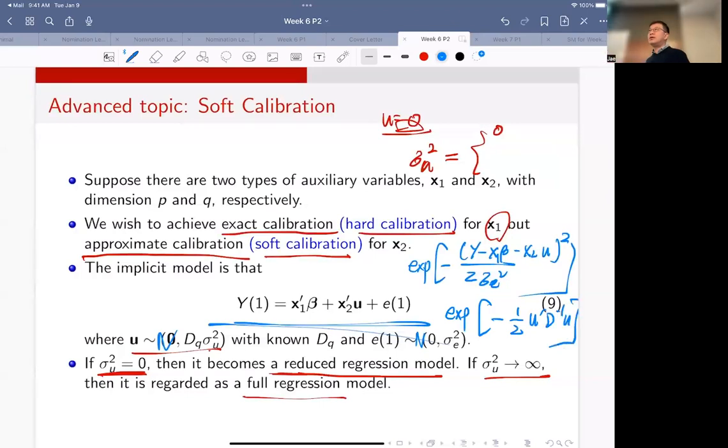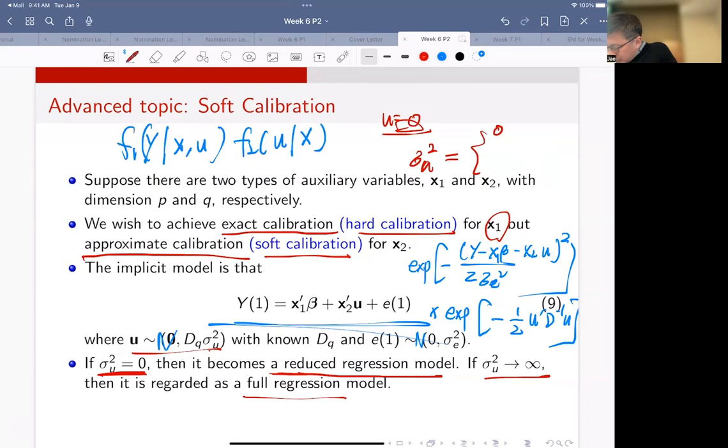If you are Bayesian, this is essentially a Gaussian prior. But in the random effect, this is just random. So this is y given x and u, and u given x. This guy comes here, this guy is here.